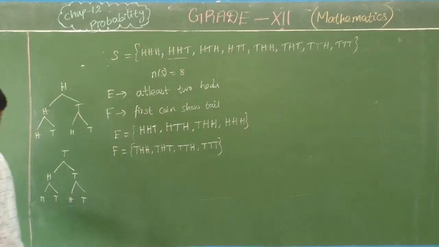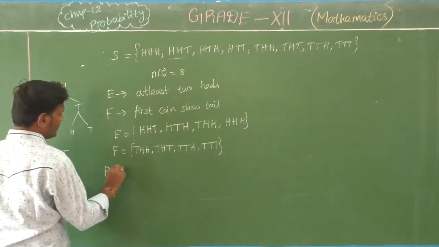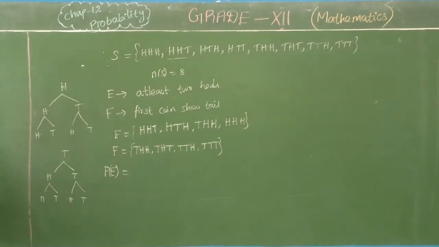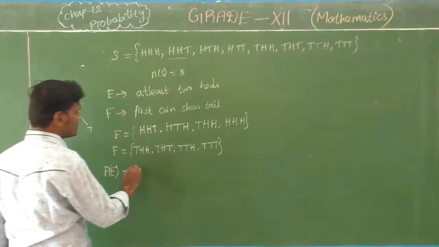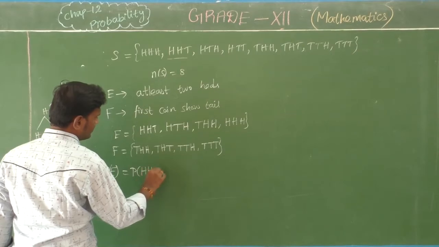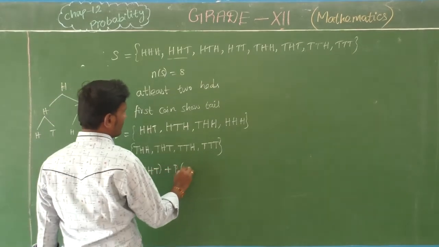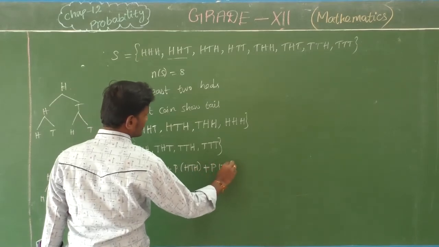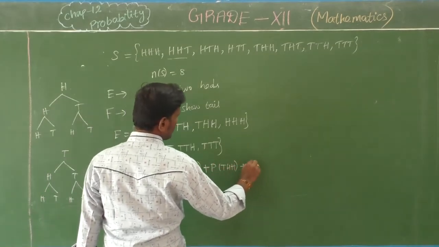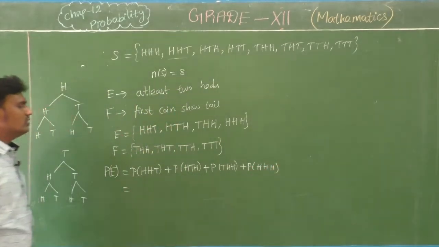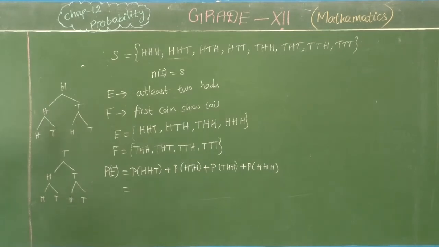Okay, so first I am going to take P of E. What is the probability of E? Which I am going to take individually: P of double HT plus P of HTH plus P of THH plus P of triple H. So HHT, how many times is it coming from the sample space?